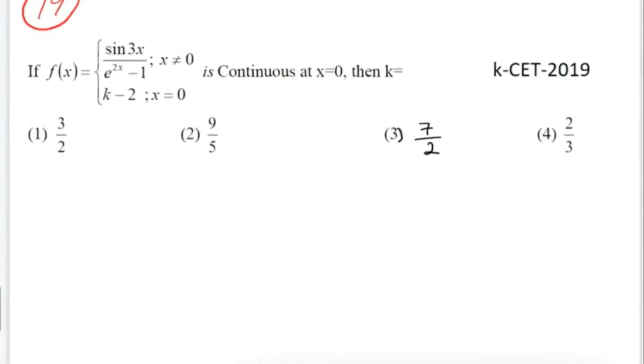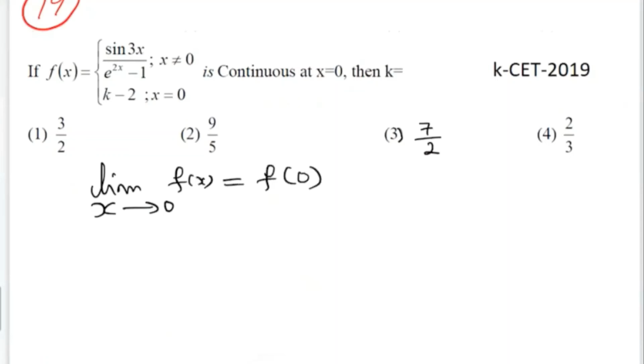Question number 19. It's taken from KCET exam 2019. It's given that the function is continuous at x equal to 0, then the value of k, which we need to find. The given options are 3 by 2, 9 by 5, 7 by 2, 2 by 3. Since f of x is continuous at x equal to 0, the limit of f of x as x tends to 0 is the same as f of 0.